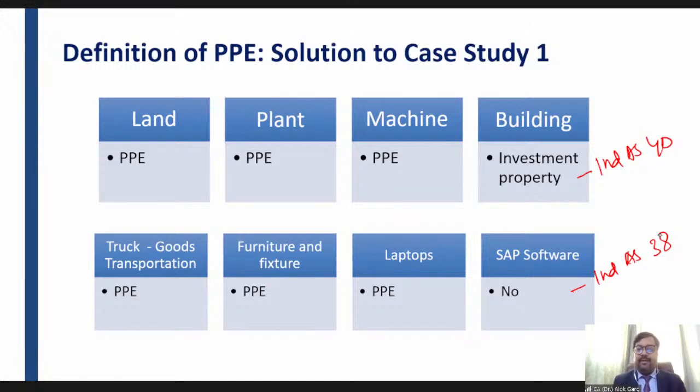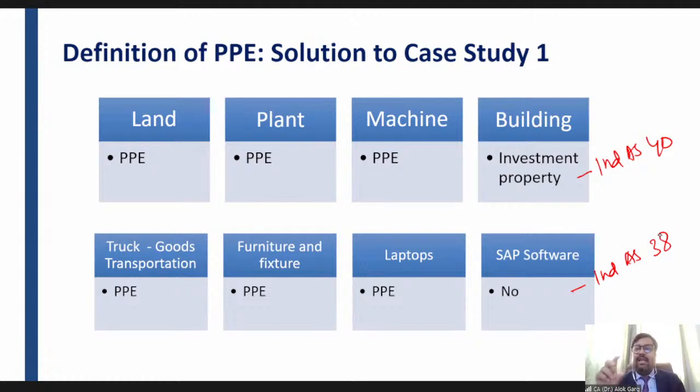Yeah, you are right, Priya. Yes. Sairam is asking, sir, if I have purchased a truck for giving on rent, then what will be the treatment? Sairam, it is a PPE. If a company is purchasing a vehicle for giving it on the rental basis, it is property, plant and equipment. So what I'm trying to say, you need to see the purpose. Is it a tangible item? Truck is a tangible item.